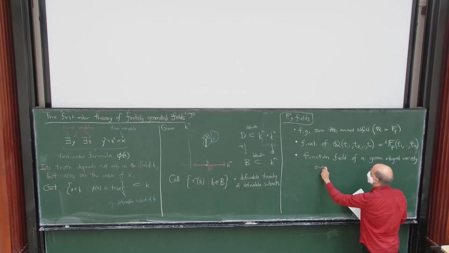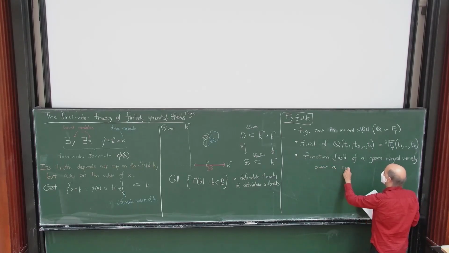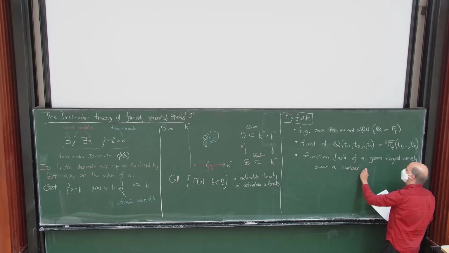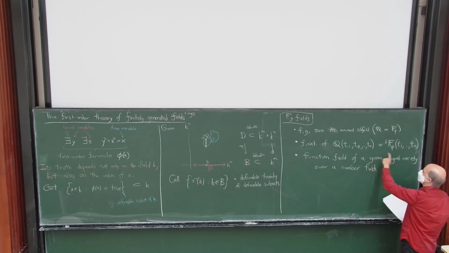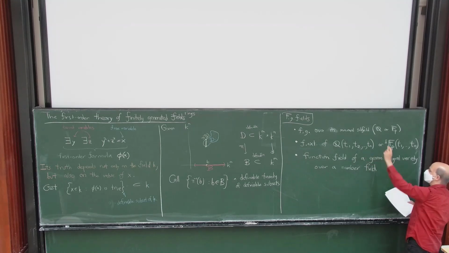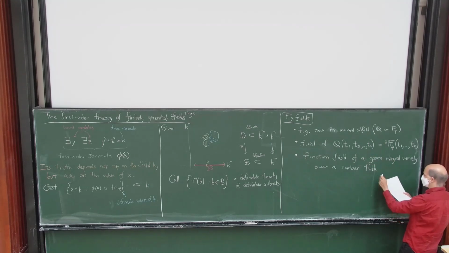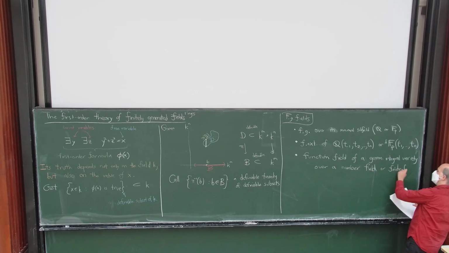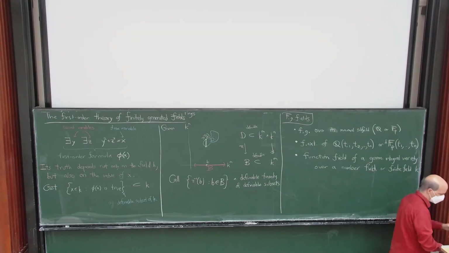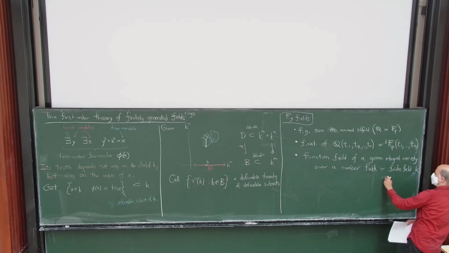And the constant field will be the relative algebraic closure of F_p or Q inside the whole field. So which will be a number field or finite field. And that constant field we'll call K.